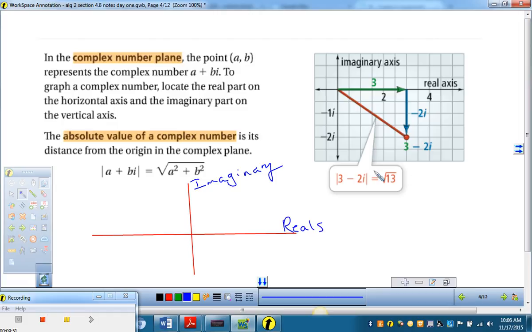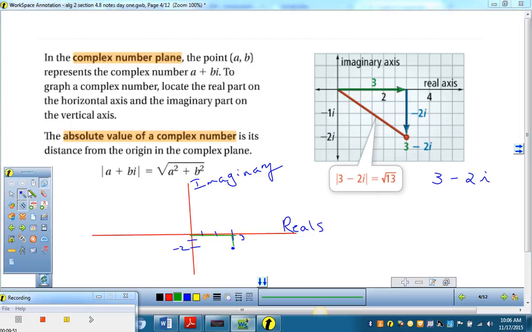For example, the one that they have done is 3 minus 2i. So to rebuild what they've done here, they went over 3 in the real, and they went down 2 in the imaginary. So we have going over to 3 here, and going down to -2.